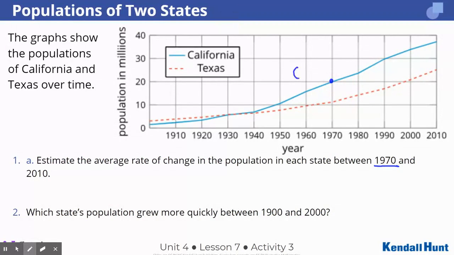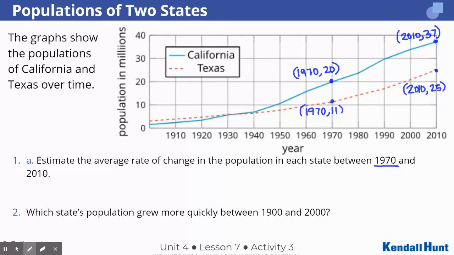So our ordered pair would be 1970 and 20. In 2010, going over to the graph, it's about 37. And then Texas had a population in 1970 at about 11 million. And in 2010, it's right at 25.